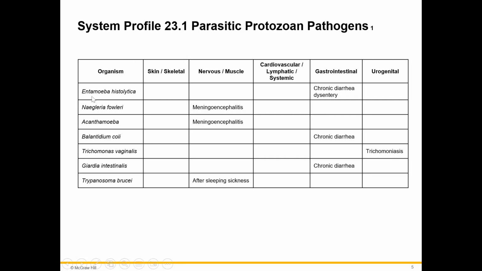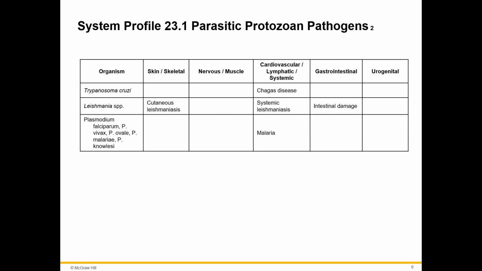We're going to be looking at Entamoeba histolytica, Naegleria fowleri, Acanthamoeba, Balantidium coli, Trichomonas, Giardia, and Trypanosoma. That was Trypanosoma brucei. We'll also be looking at cruzi, and then Leishmania, and then also Plasmodiums.